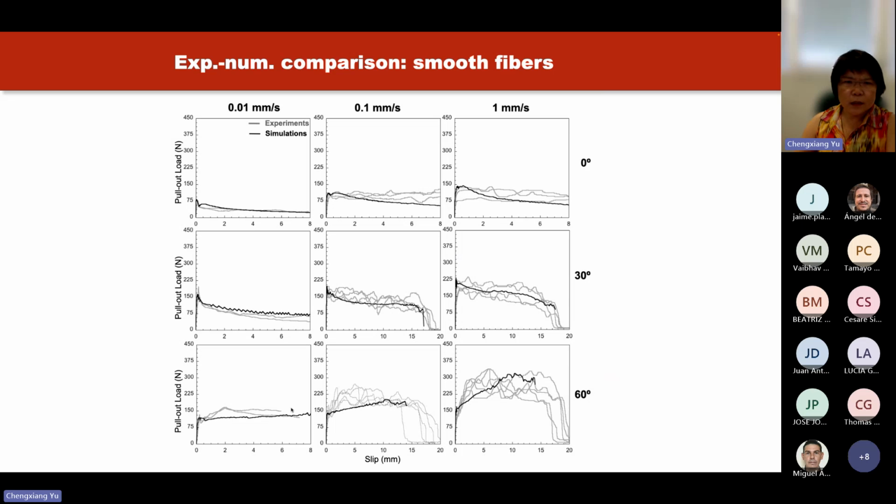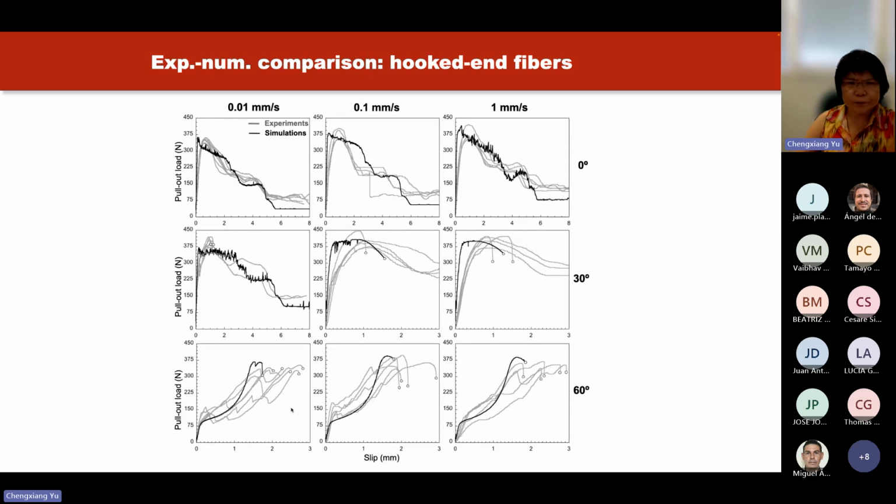So this is globally the experimental-numerical comparison for pull-out load versus slip length for three velocities: 0.01 millimeter per second, which is like the static one, 0.1 millimeter per second, and 1 millimeter per second, and for the three inclination angles.